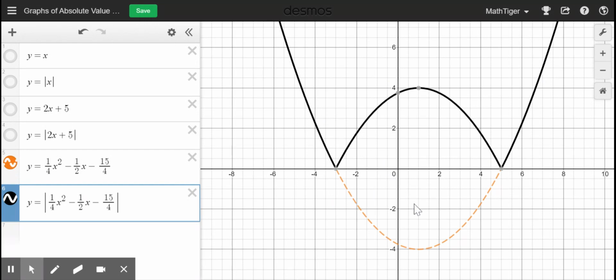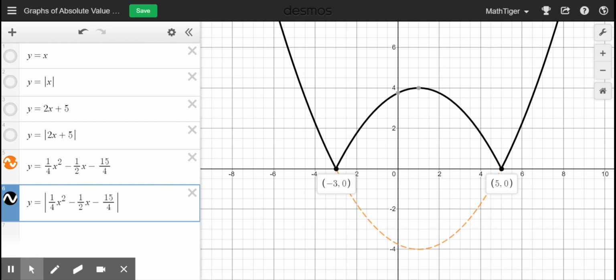However, the portion that was below the x-axis has now been reflected. So what is really indicating the portions of the graph that get reflected is when we have these x-intercepts. So we have an x-intercept of (-3, 0) here. We have an x-intercept of (5, 0) here. And the portion that's in between this gets reflected.